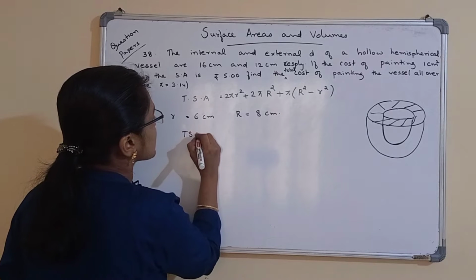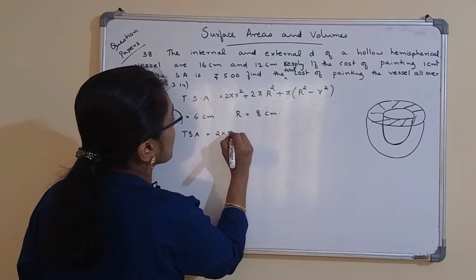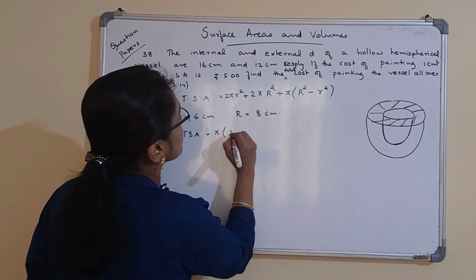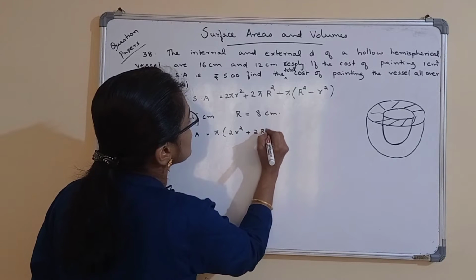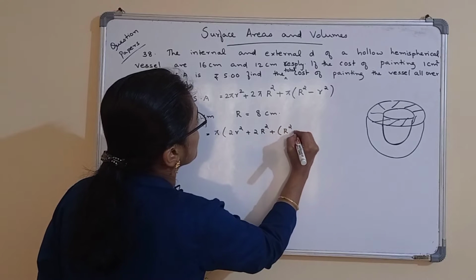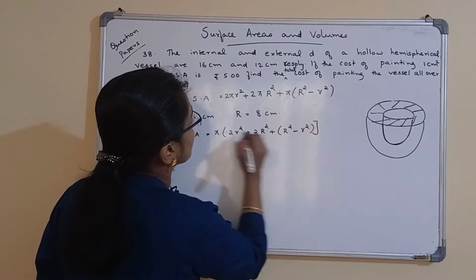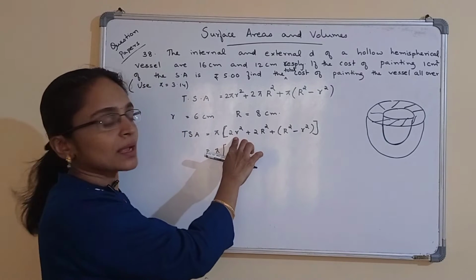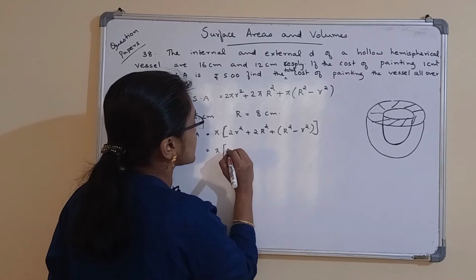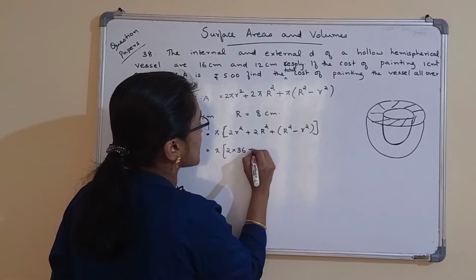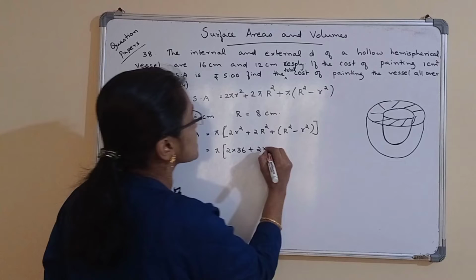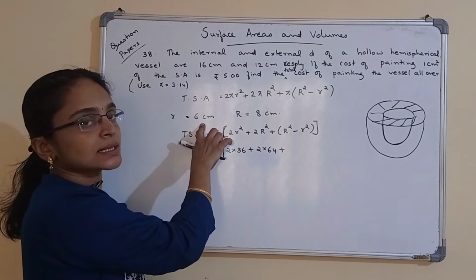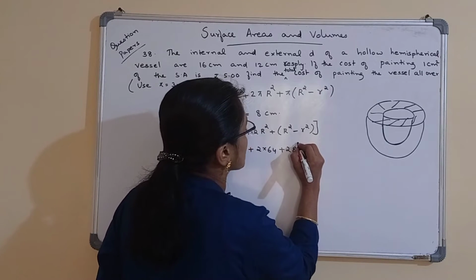So, total surface area is equal to pi into 2r square plus 2R square plus R square minus r square, which is equal to pi into 2r square, that is 2 into 6 square, which is 36. 2 into 36 plus 2 into R square, it is 64, plus this is 64 minus 36, which is equal to 28, right?